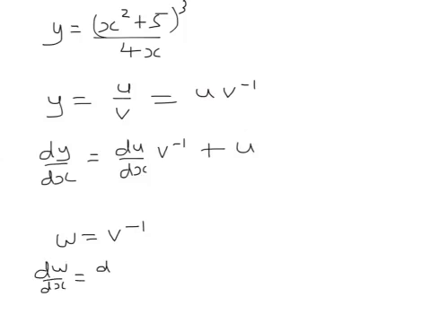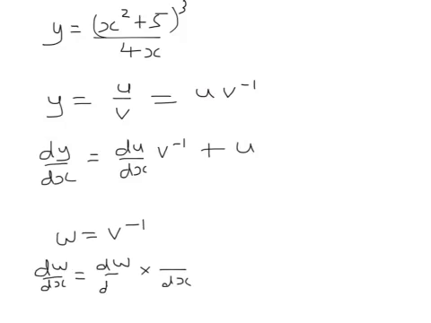So dw by dx is that. And let's put the dv in here. Now if w equals v to the minus 1, dw by dv is minus v to the minus 2.